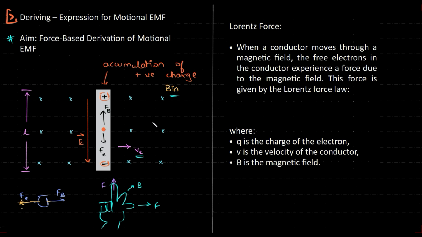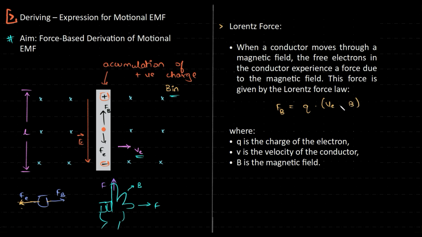So all we are trying to do over here is get an expression for the motional EMF when we have the rod moving across a uniform magnetic field. So Lorentz force: when a conductor moves through a magnetic field, the free electron in the conductor experiences a force due to the magnetic field. This force is given by the Lorentz force. Let me write the magnitude part.